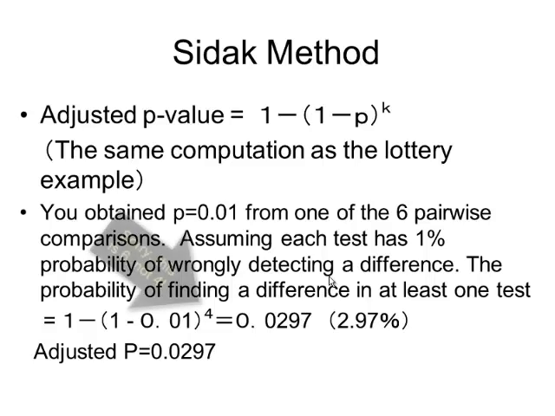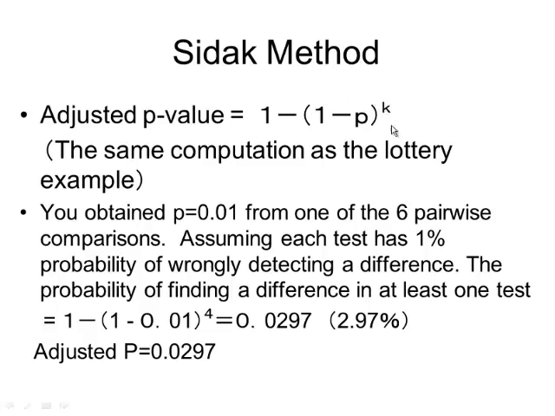The Sidak method is really a mathematical computation, and we exactly compute the chance of detecting at least one test being significant among k tests. So if you have a p-value of 0.01 and you conducted a total of 6 pairwise comparisons, you plug 0.01 here, and k would be 6.